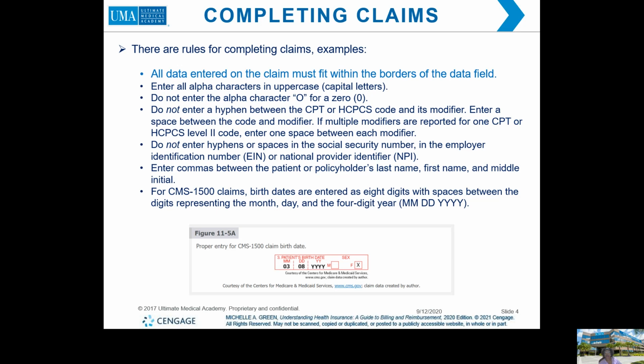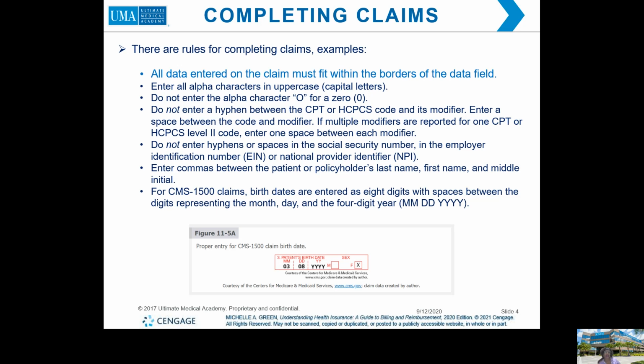So what happens when it's time to complete a claim? There are rules that are needed in order to complete each type of claim. So let's talk about the CMS 1500. There are, as you saw, quite a few different blocks on the 1500, and each of the blocks has a number. If you would look down at the bottom where we have block number 3, it's the patient's date of birth and their gender, male or female.